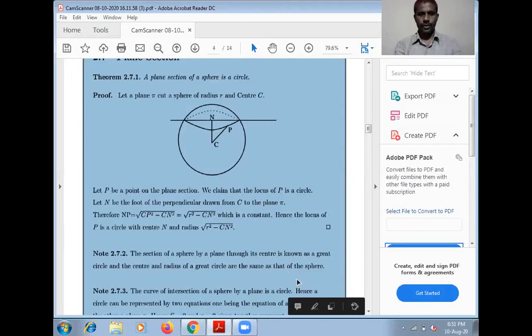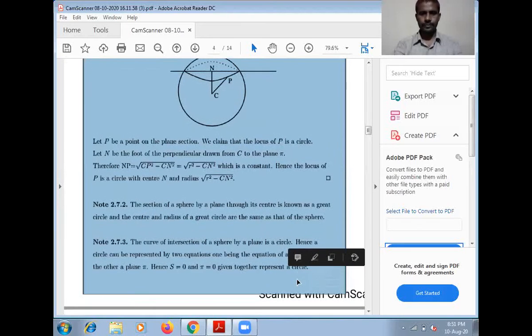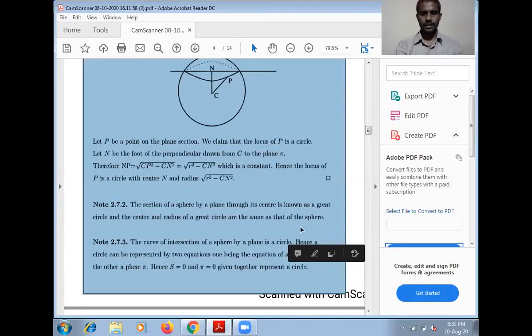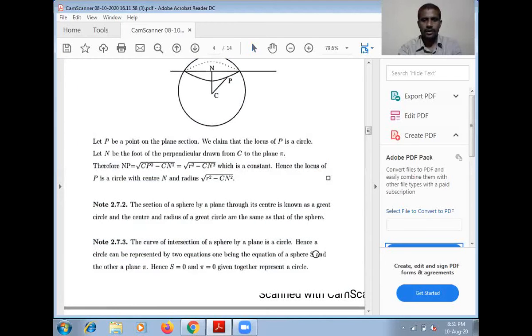So the curve of intersection of a sphere by a plane is a circle. Hence a circle can be represented by two equations: the equation of a sphere S and the other the plane pi.